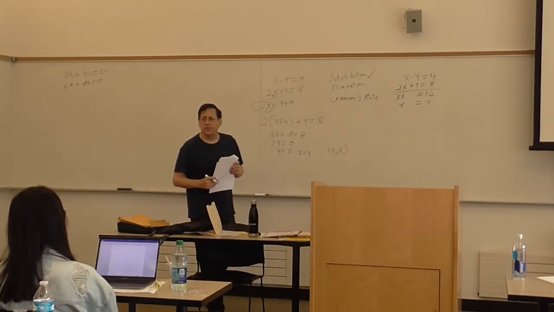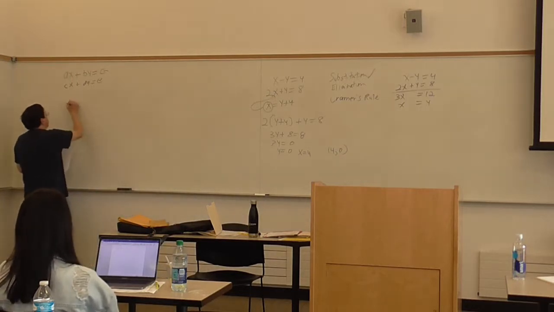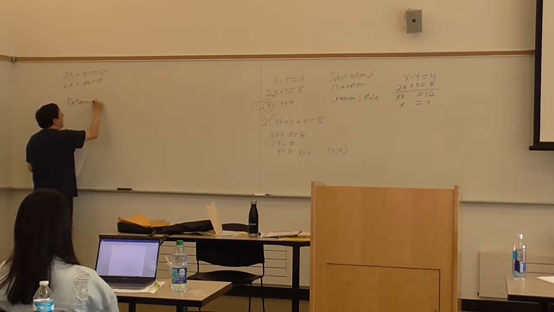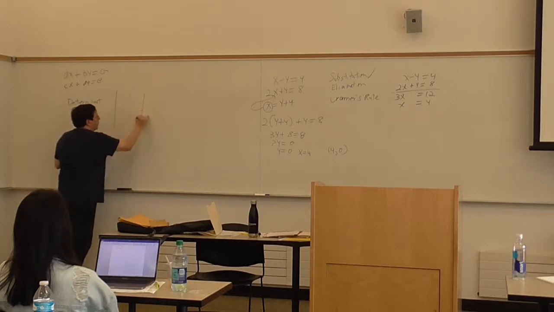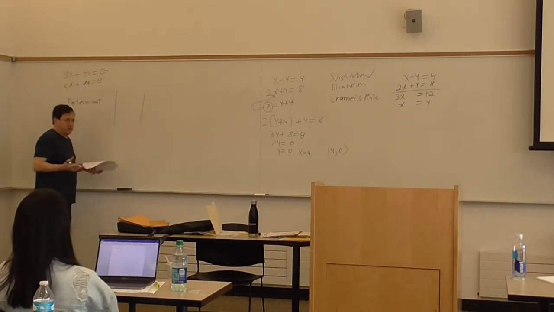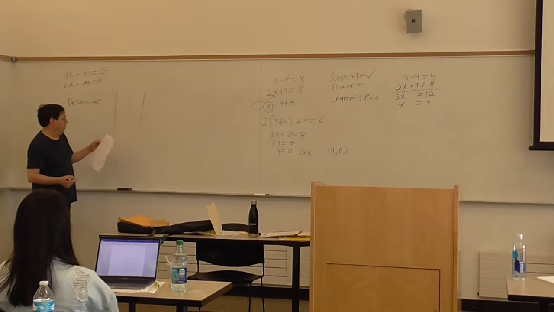All right, well, what you need to know about Cramer's rule for matrices is something called the determinant. It's a big fancy word, but it's really an easy idea. You have a matrix. A matrix is just an object with more than one number in it, in rows and columns.